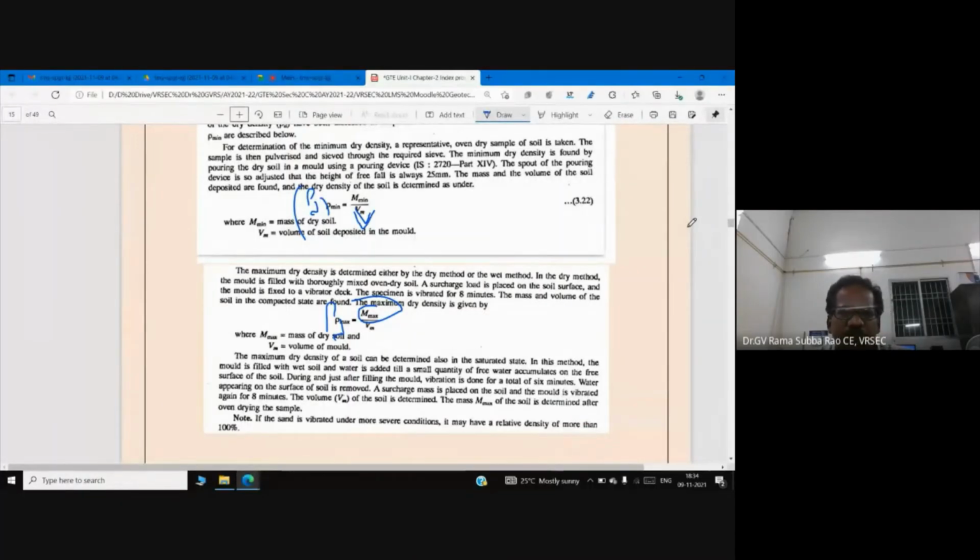Many times we conduct this experiment in the laboratory to determine ρd max and ρd min. In the loosest state, we can get ρd min. If you take a soil mold where you pour the sand in the loosest state, the mass of the dry soil is less within the same volume of the mold.